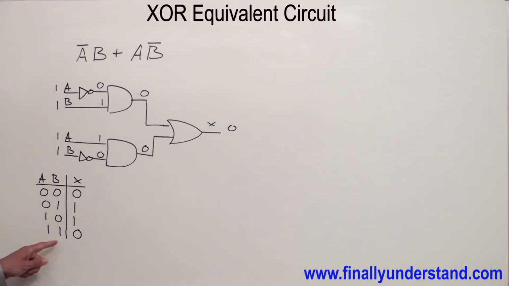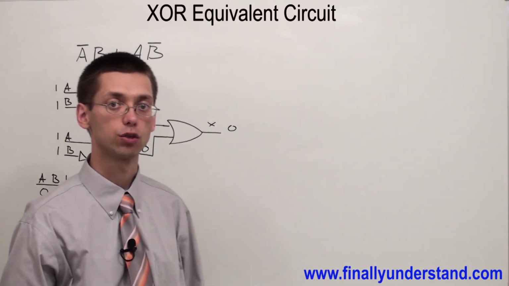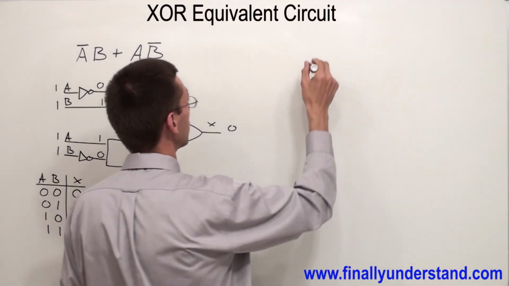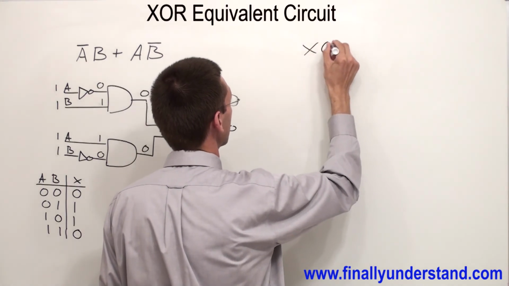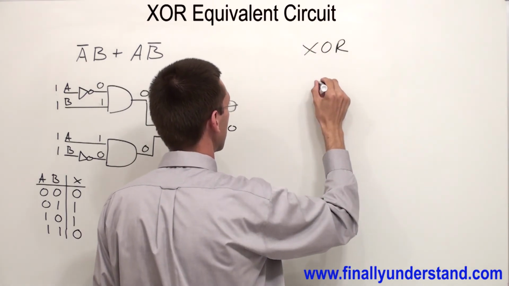What we're supposed to do next is compare this truth table with the truth table of the exclusive OR. Remember, the XOR gate looks like this.